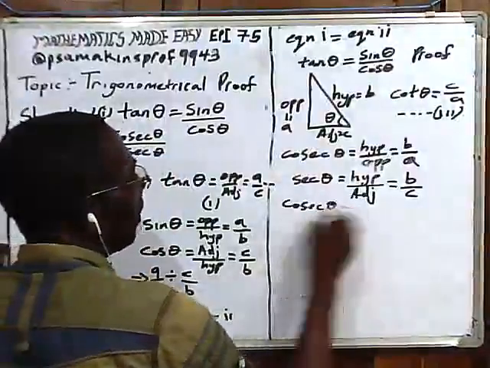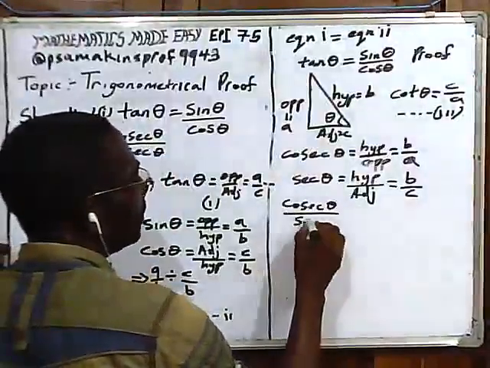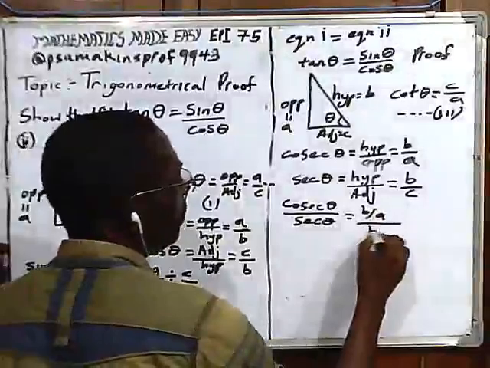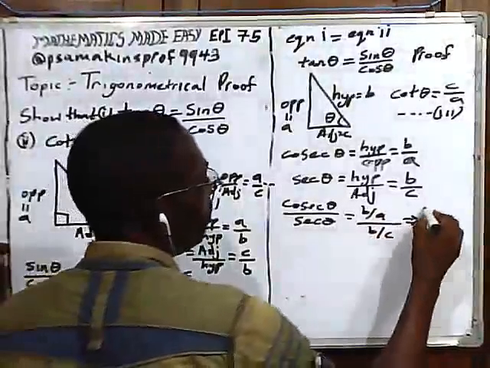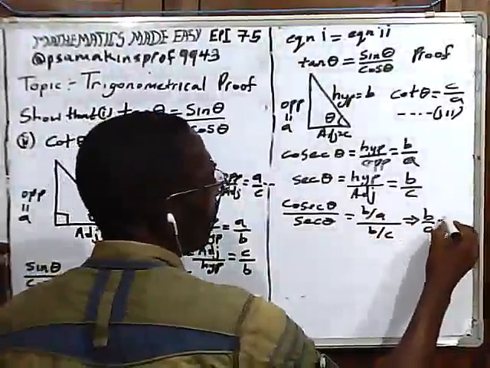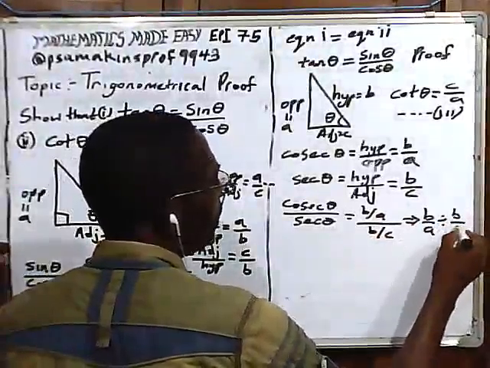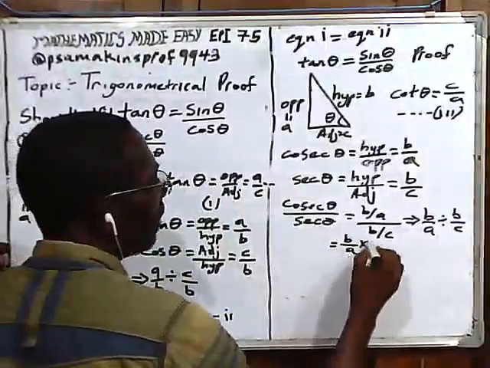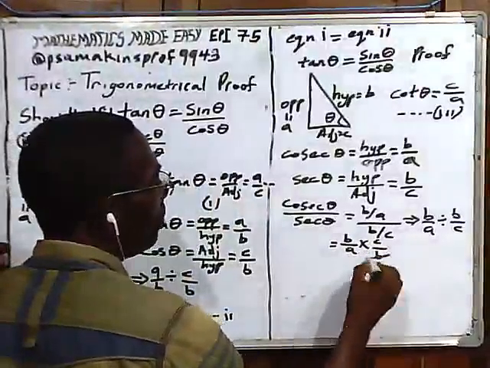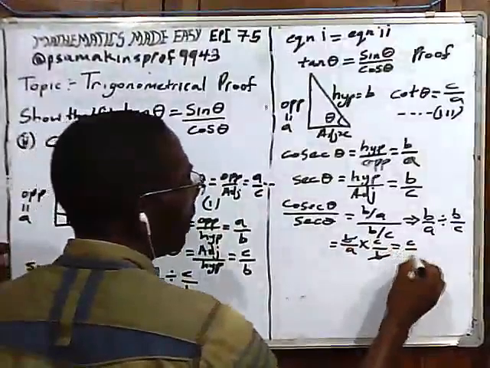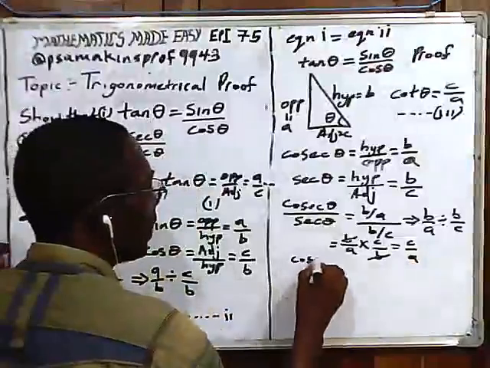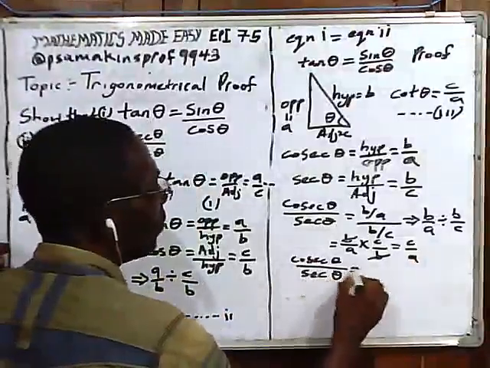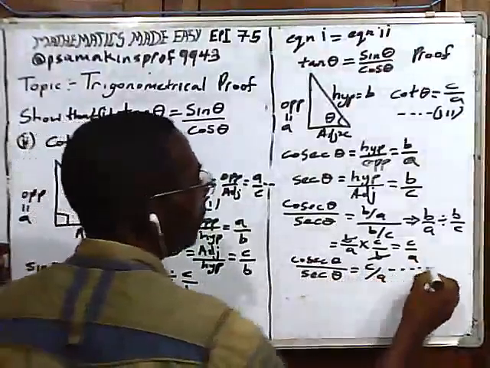Cosec theta over sec theta will now be B over A divided by B over C. So if we change it, we are going to have B over A multiplied by C over B. B will cancel B, then we have C over A. So that means cosec theta all over sec theta equals C over A. Keep it in memory location 4.